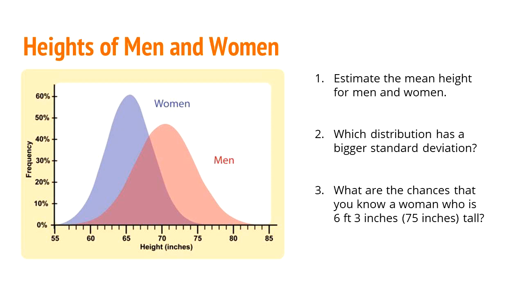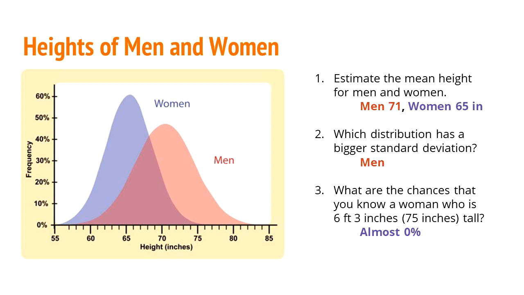So we would say that men have the bigger standard deviation for heights. And then finally, number 3, what are the chances that you know a woman who's 6 feet 3 inches tall? If I take a look at my graph for the women's heights, 6 feet 3 would be 75 inches, which is way over here, and that would have a very, very low frequency, nearly 0%.